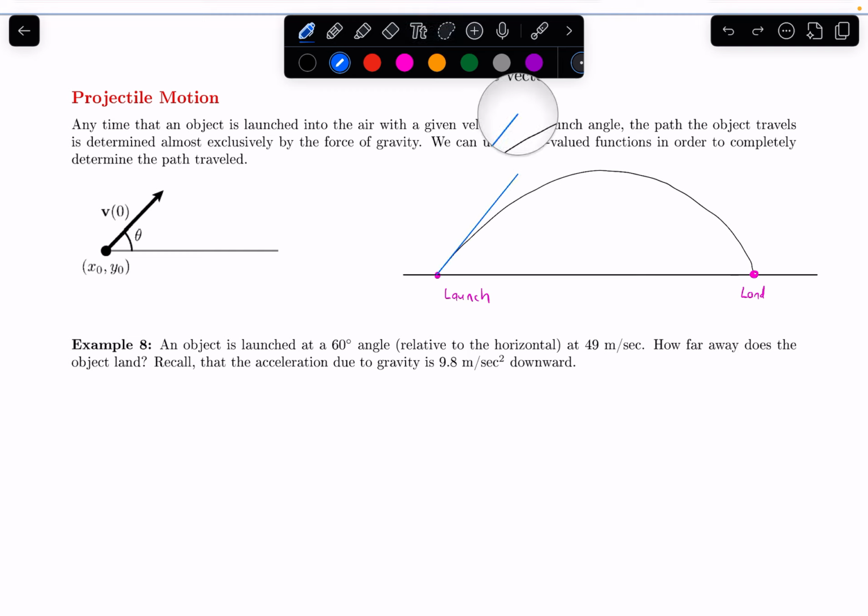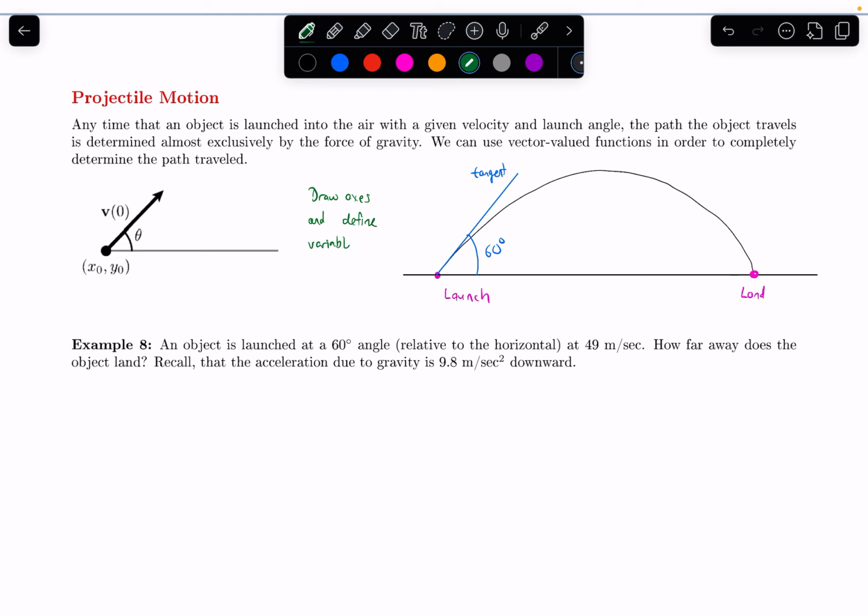Part of what we do in problems like this, once we have this picture, is we draw axes. We draw some x and y axes, and we define our variables.